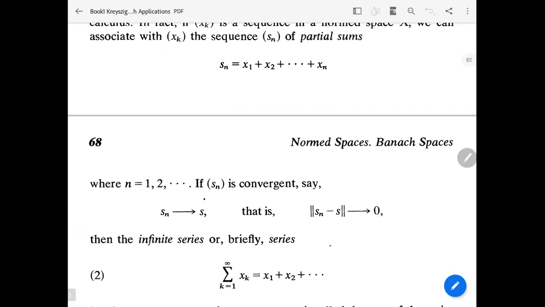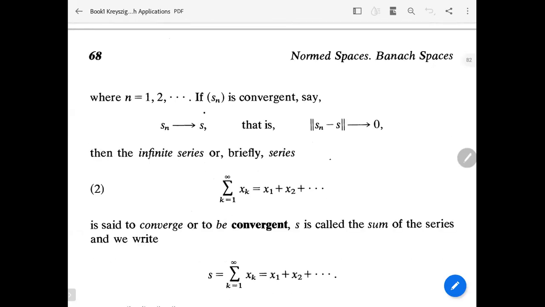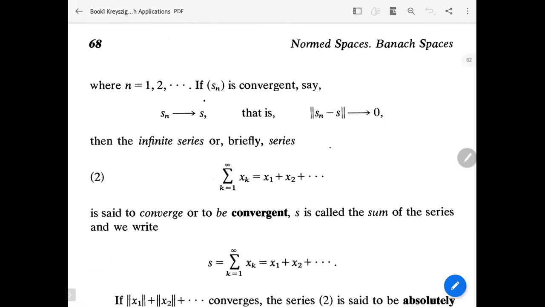If S_n converges to some vector S in the norm space, then we say that the infinite series x_1 plus x_2 and so on converges to that vector S. If the sequence of partial sums converges, then we say that the infinite series is convergent and the sum is equal to the vector S, which is the limit of the sequence of partial sums.